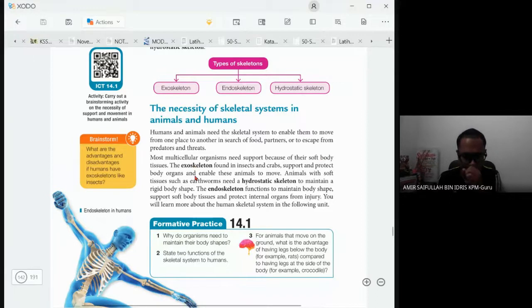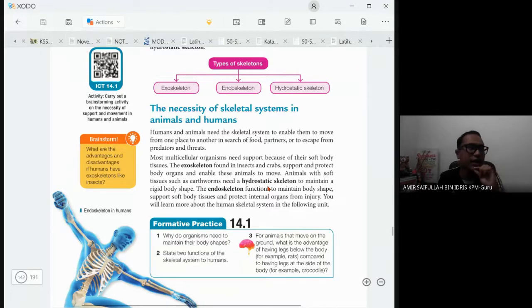So exoskeleton are found in insect and crab. Okay, insect and crab. So contoh macam scorpion tadi semua tu lah. Okay, so to give them support and also to protect their body organ and enable this animal to move. That is the importance.